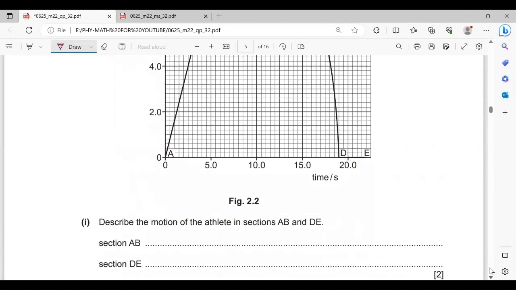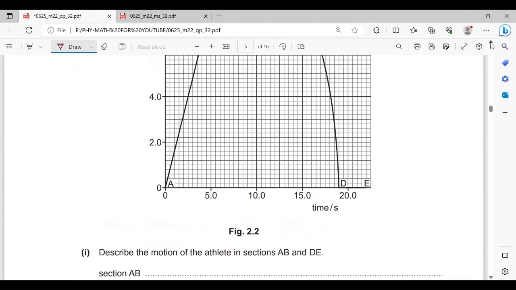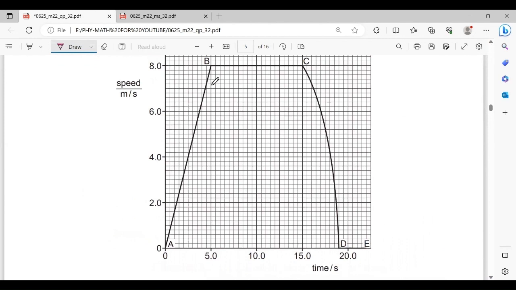So you have to download this past paper first while you learn these explanations. Describe the motion of the athlete in sections A, B, and D, E.